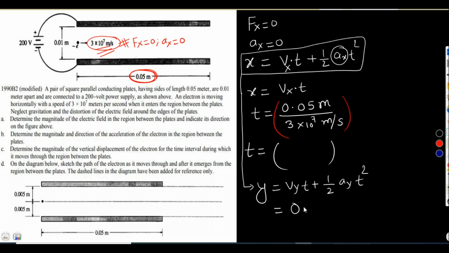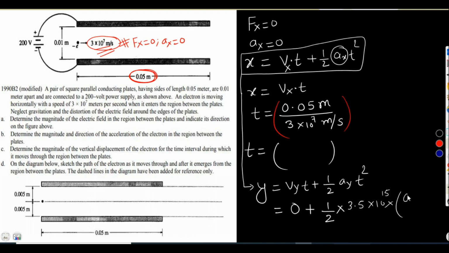Initially there is no velocity in the y direction. So 0 plus half ay. We have calculated the value of ay, the acceleration in y direction, that was 3.5 into 10 raised to power 15, and we know the value of t.